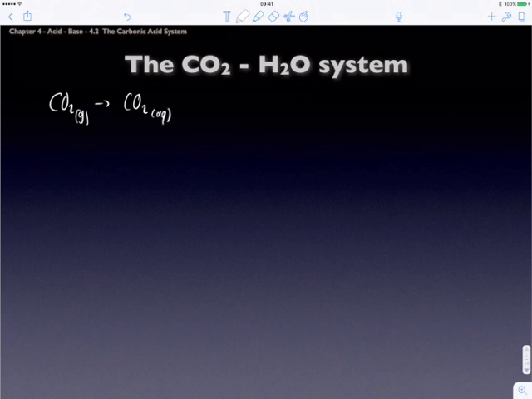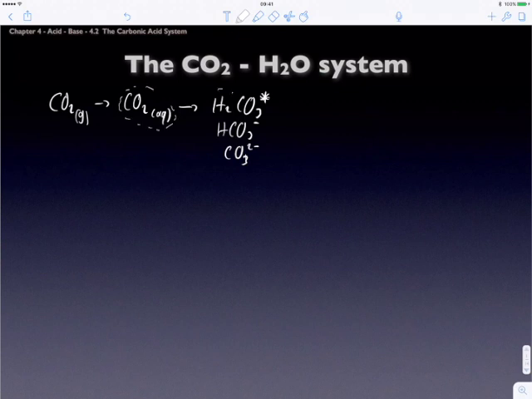And this aqueous form will form H2CO3*, which is carbonic acid, the bicarbonate, and the carbonate ion. Okay, and this is a star because it's counting the aqueous CO2 plus the molecule combining water and CO2.